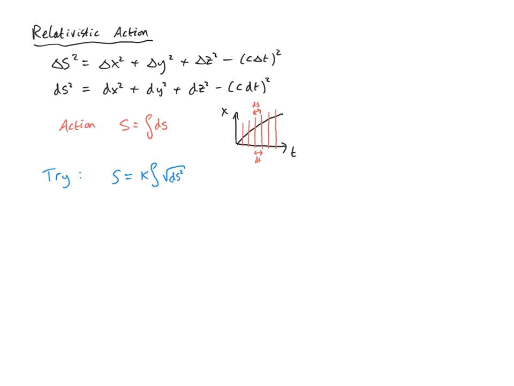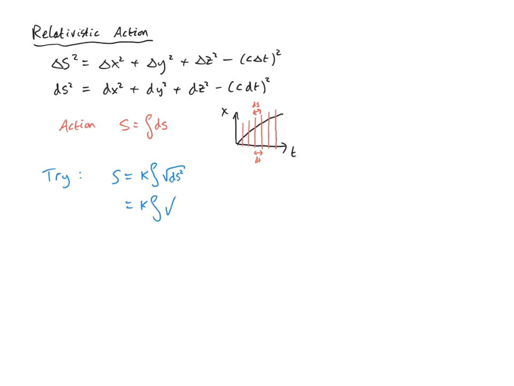It seems a bit odd that you would have an integral of the square root of an infinitesimal squared. Usually you're used to seeing integral dt, integral dx, and so on. You're not used to seeing the integral of the square root of dx plus dt squared, for example. So how do we treat this? Well, let's just play with this and substitute in the expression for ds squared and see what we get.